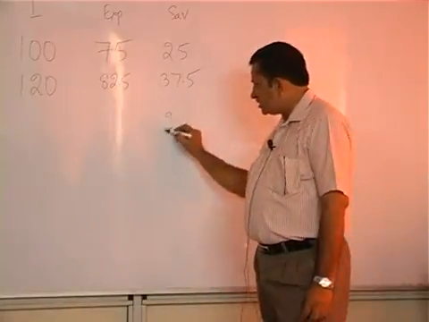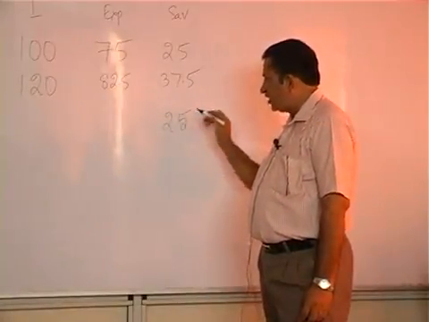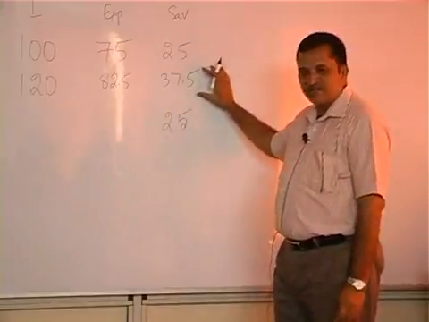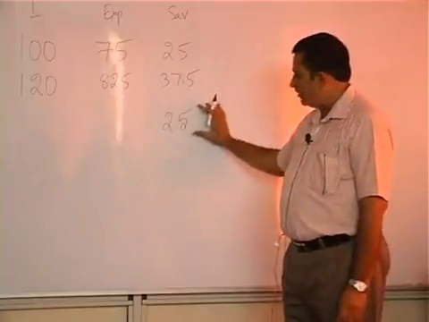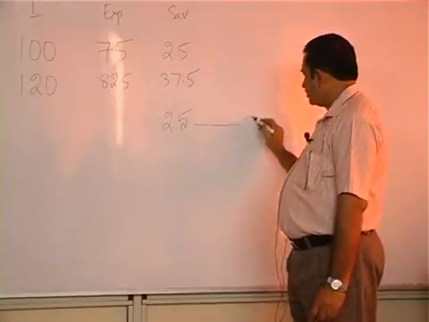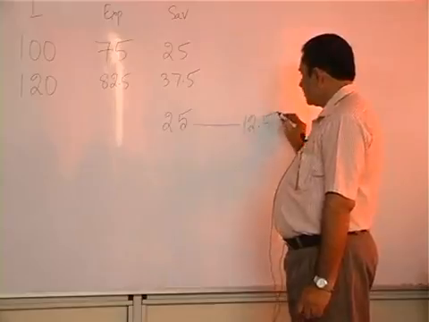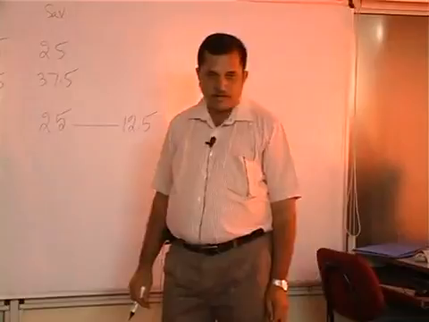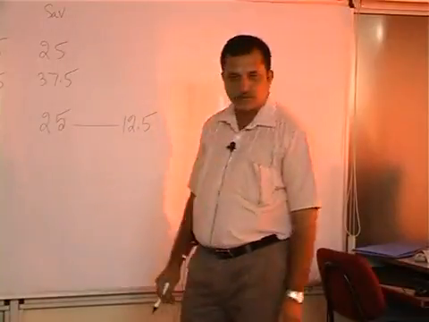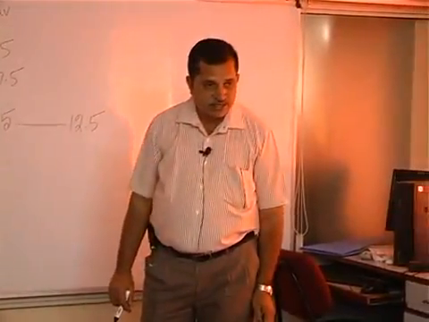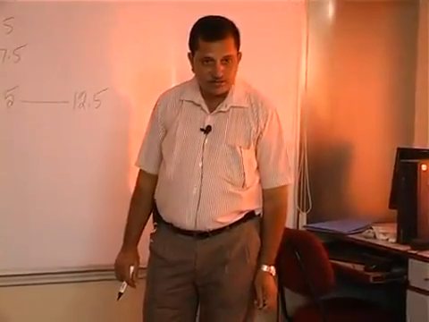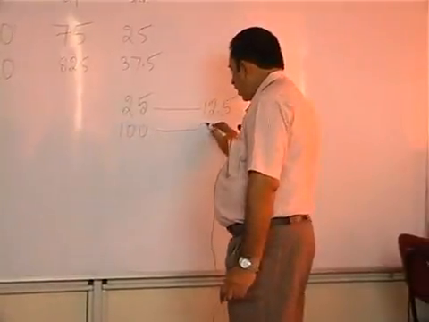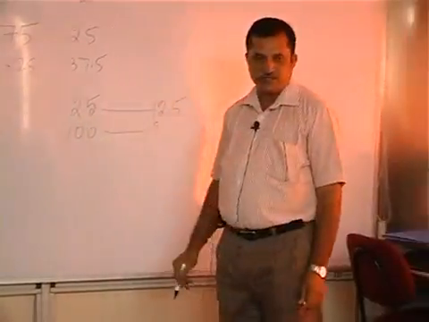Previously she used to save 25, now she is saving 37.5. For every 25 rupees, 12.5 rupees is increased. For 100, what would be the increase?